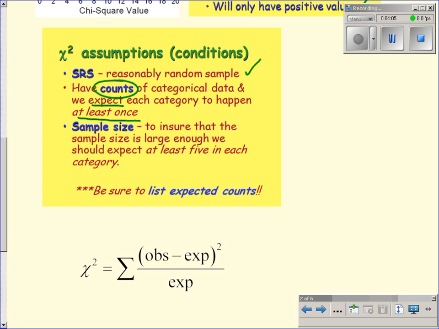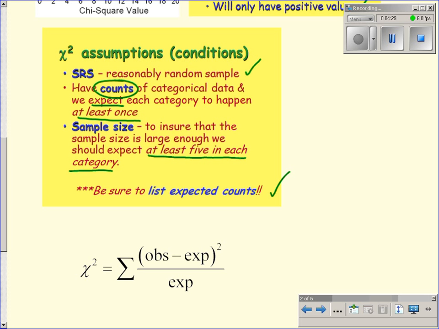What we don't want is any categories where things are really implausible, because they'll throw off our data here. And also sample size. The main condition here is that we should expect at least 5 in each category. If you think back to our data about the CEOs, we would expect about 20 or so in each category. So we'll be safe to do that test. And we'll make lists of the expected counts.